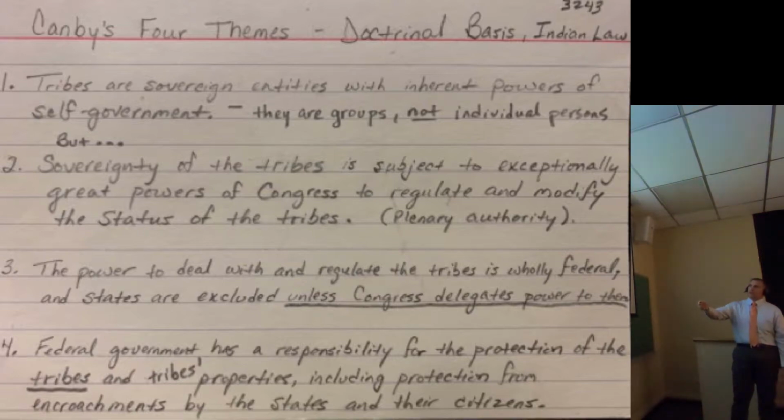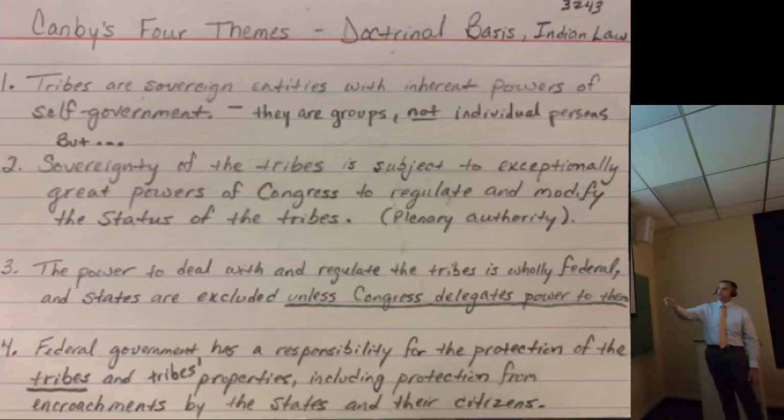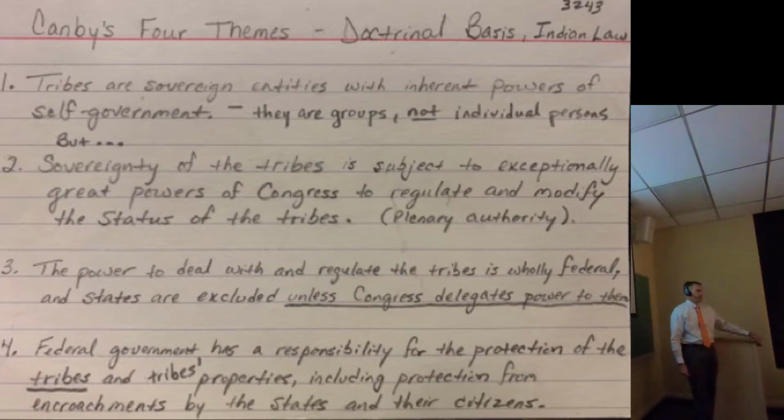Number two, the sovereignty of tribes is subject to exceptionally great powers of Congress to regulate and modify the status of the tribes. That is what we refer to as the plenary authority or the plenary power of Congress. Plenary just refers to absolute supreme authority over the relationship between Congress and the tribe.